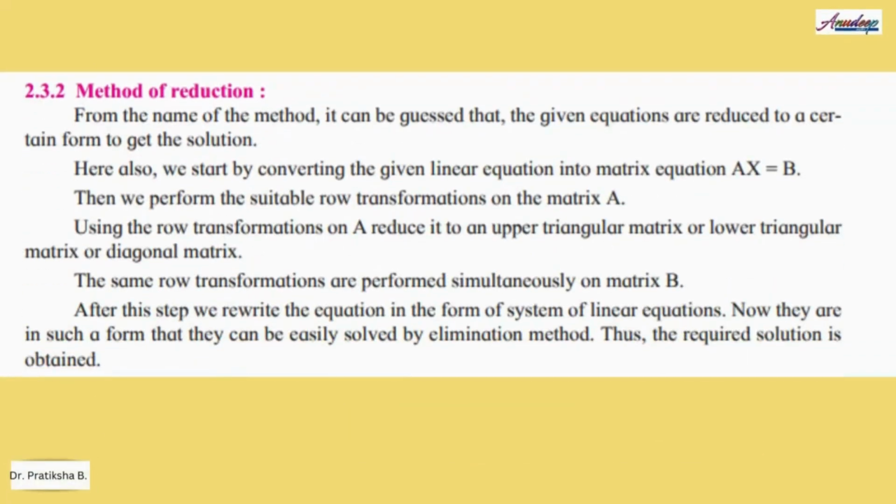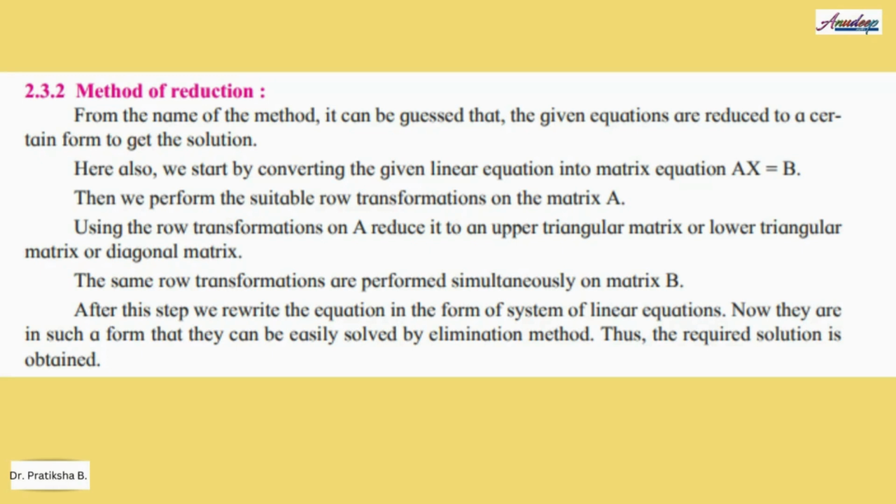Now let us understand the second method, the method of reduction. In this method, as you can guess from the name, we are going to reduce the matrix. So here again, we'll be rewriting the given simultaneous equations in the form of a coefficient matrix, variable matrix, and constant matrix, so that the given expressions can be rewritten in matrix form as Ax equals B. Here, we reduce the matrix A by doing certain row transformations, and convert it into a lower triangular or upper triangular matrix.